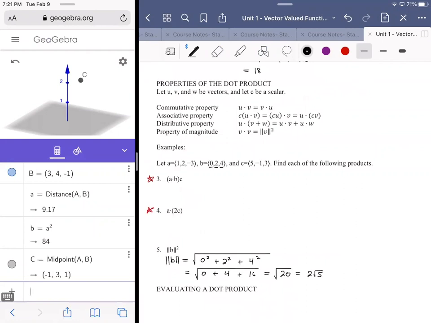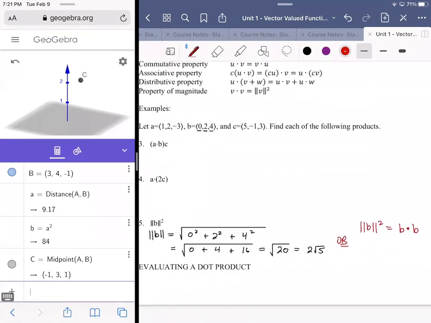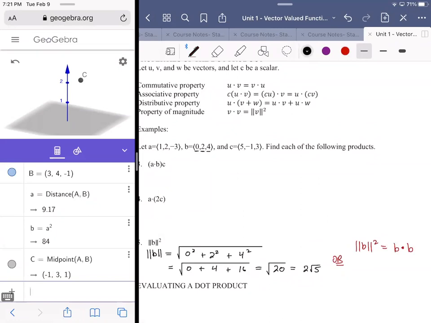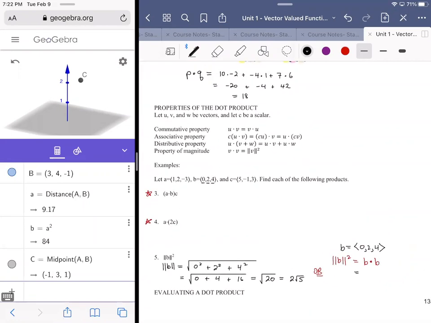Okay, but I could say the magnitude of B squared is going to be the same as the dot product of B and B. So you'll see that if we dot B against itself, and again, B is equal to 0, 2, 4, I'm multiplying 0 by itself, 2 by itself, and 4 by itself.